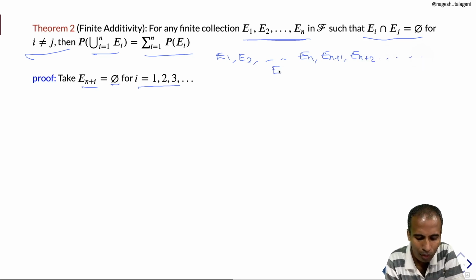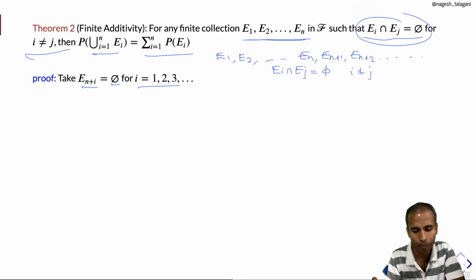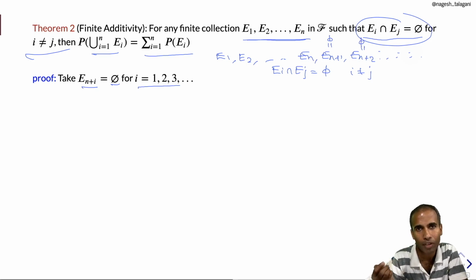These are still mutually exclusive because Ei intersection Ej is going to be empty for i not equal to j. If i and j are both from 1 to n, we already have this. If one of i and j comes from outside 1 to n, we know that from n plus 1 onwards all are empty events, so the intersection with the empty event will be empty anyway.